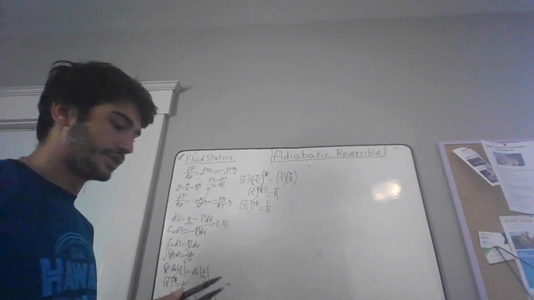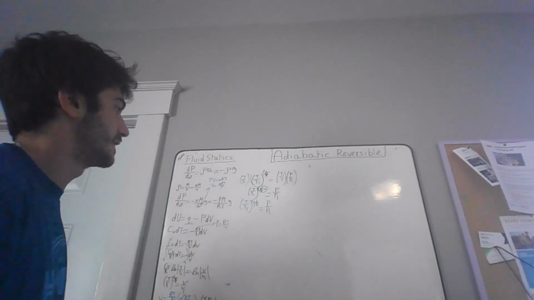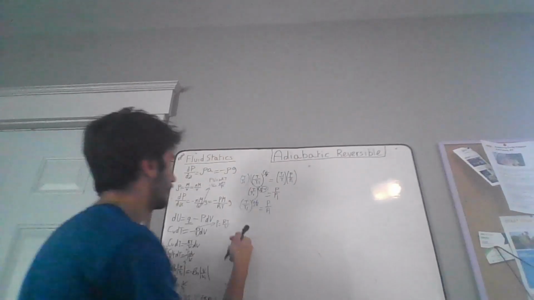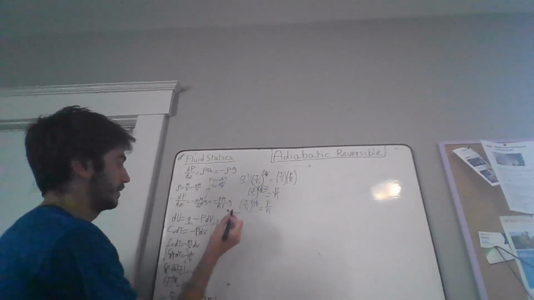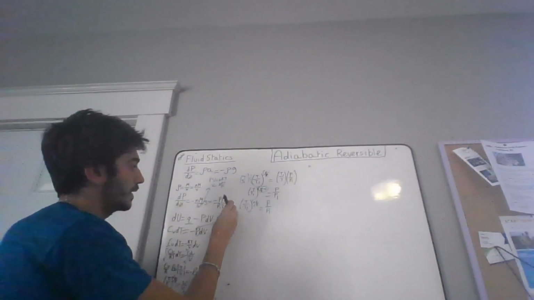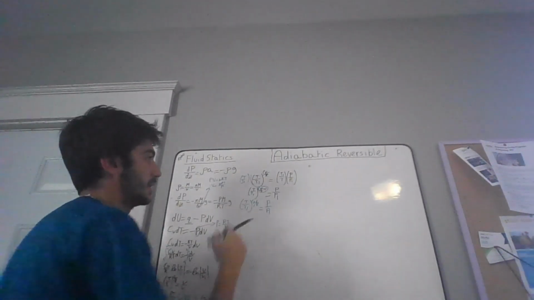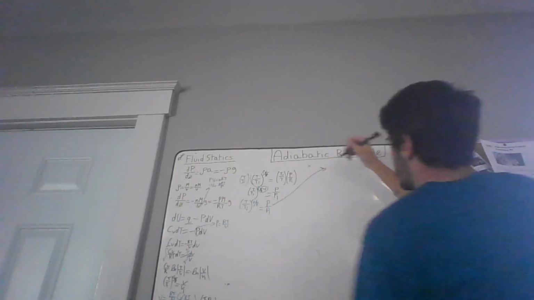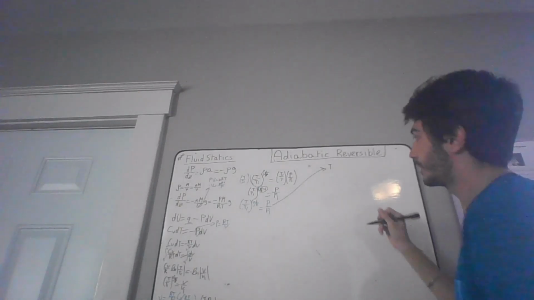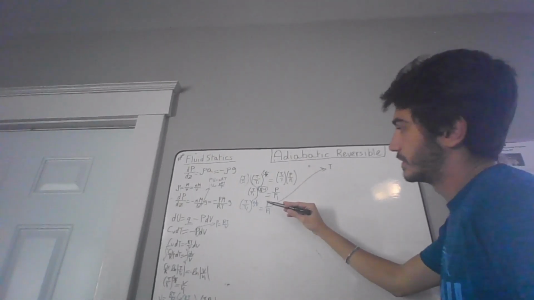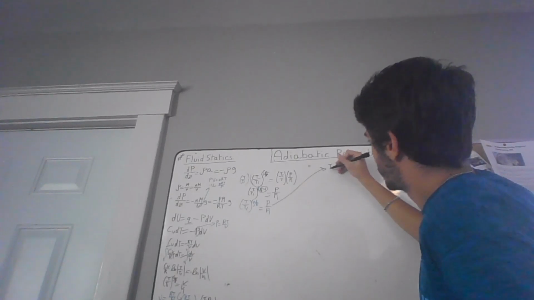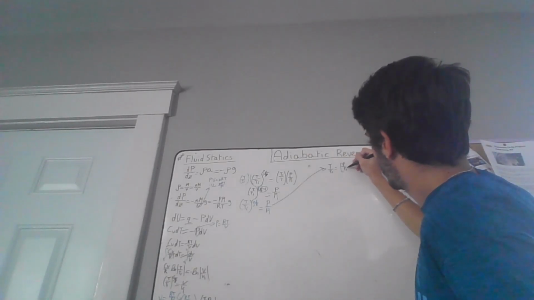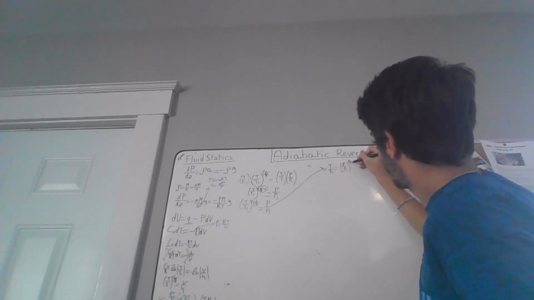So let's go ahead and rewrite this in favor of T, so that we can plug this back into here, right? You see how this is connected now? Make sure you guys can still see. So we have T over T1 to the power of CP over R, so we're just going to simply invert that so that T is equal to T1 times P over P1 to the power of R over CP.